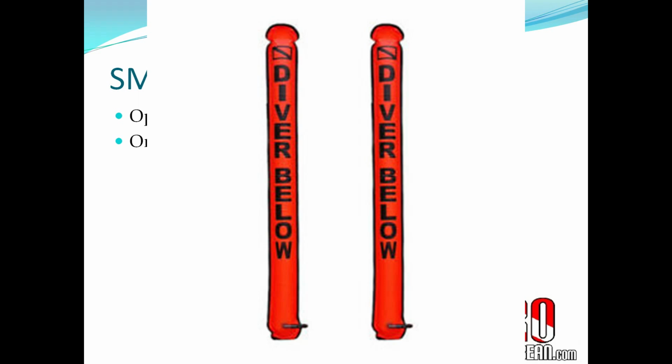What you do is push a little nipple on the end of it as you blow into the SMB. Then you let go of that nipple, releasing the pressure when you stop blowing into it. Once you've finished using the SMB, you just hold that nipple down and roll up the lift bag to let the air out of it.